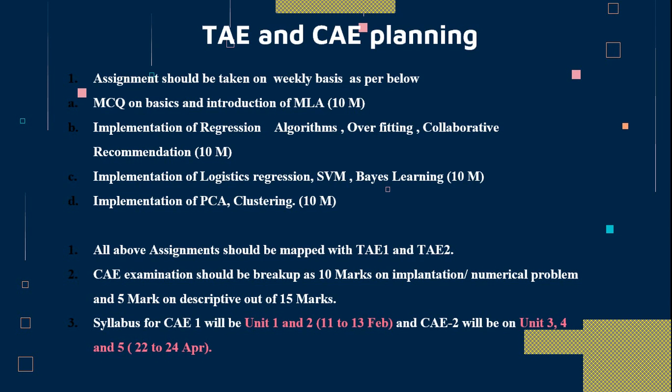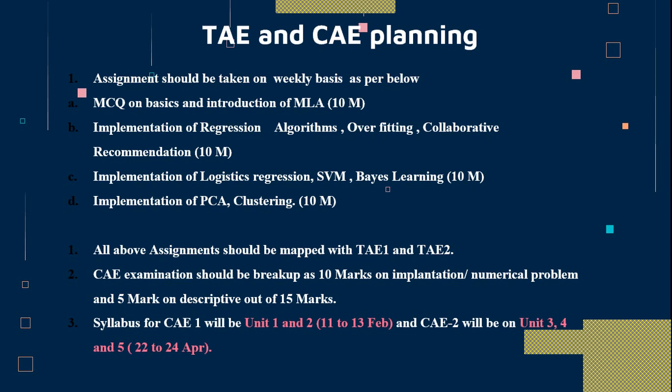For example, assignments A and B will be mapped with your TA 1, which is for 5 marks. So out of 20, whatever mark you get will be converted to 5 marks and given to your TA 1. And assignments C and D, again 10 marks each, will be mapped with your TA 2.